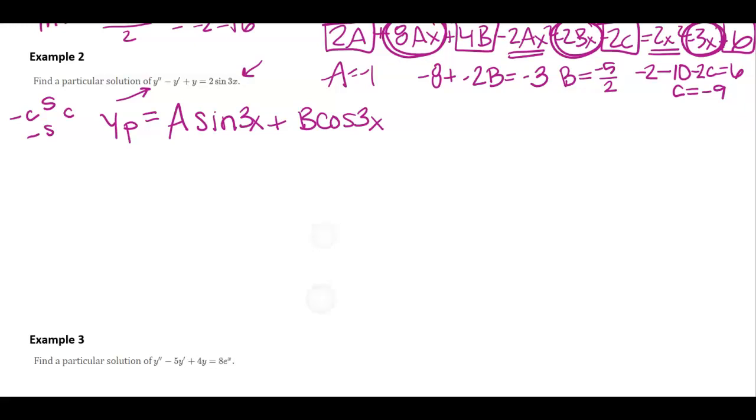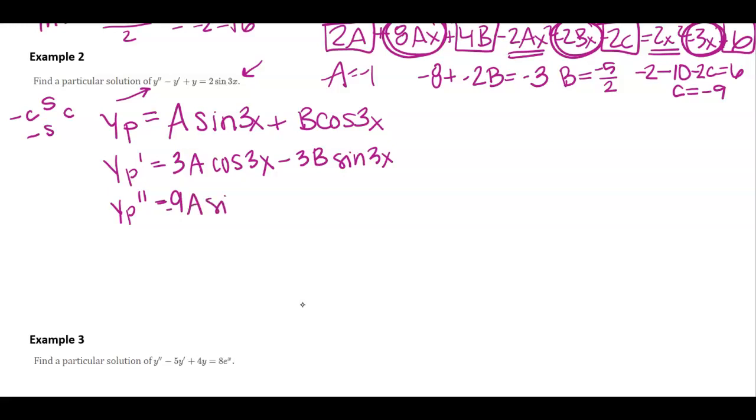So let's find this. Yp prime is 3a cosine 3x minus 3b sine 3x, and yp double prime is -9a sine 3x minus 9b cosine 3x. And I'm going to plug this into our left-hand side.